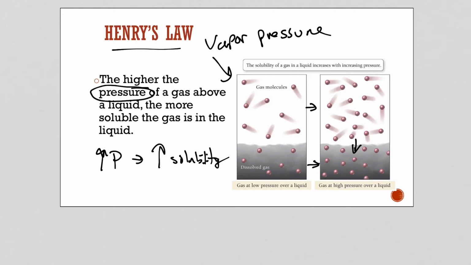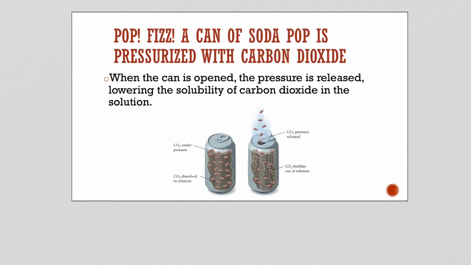So, to review, gases have higher solubility at lower temperature. As you increase the temperature, solubility goes down, and there is higher solubility at higher vapor pressures, or higher pressures of gases above the solution. One easy way we can visualize this, again, is with our carbonated beverage.